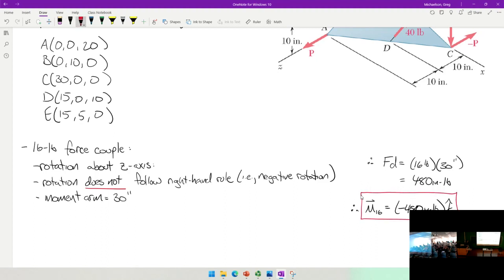How did I get that? It's about the z-axis, so it's associated with the k vector. It does not follow the right-hand rule, so we're dealing with negative rotation, and the magnitude equals the magnitude of one of the forces times 30 inches, so 480. So that would be what I would call method one. Let me cheat a little bit more.